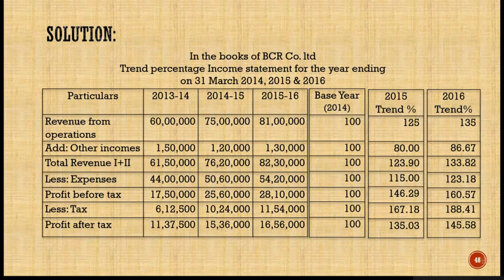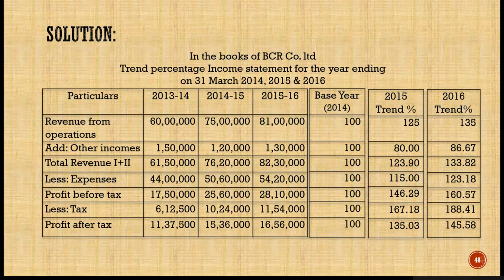It will be 86.67%. So likewise, we have to consider 2014 figures. All figures become the base for further calculation. So in this way, we have calculated trend percentage for 2015 and 2016.